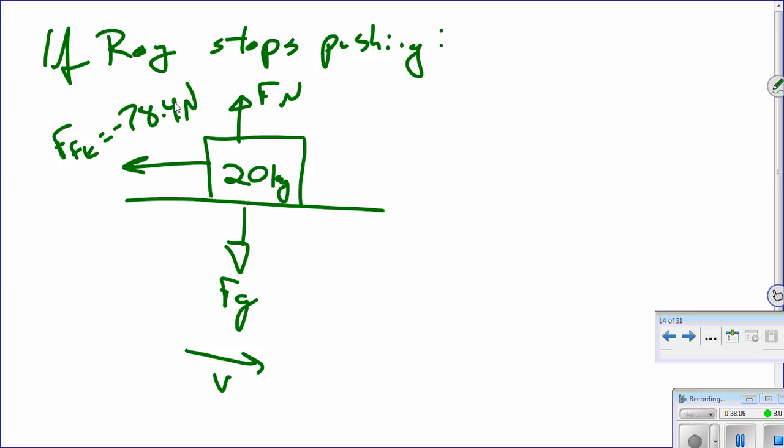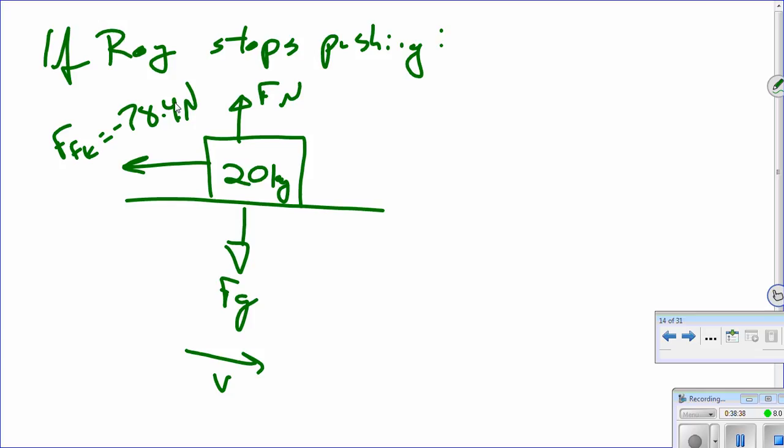Like, you stop pushing entirely, and this force is equal to the kinetic friction, it's still more than the static friction, so what's more than static? So he pushes and it exceeds the static, this is the 127, but then he reduces it to exactly 78.4. Then it goes with a constant velocity.